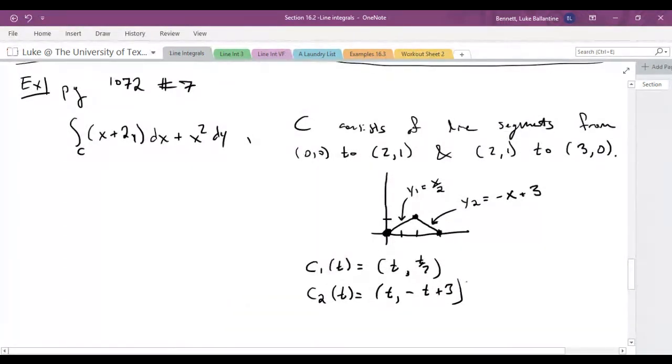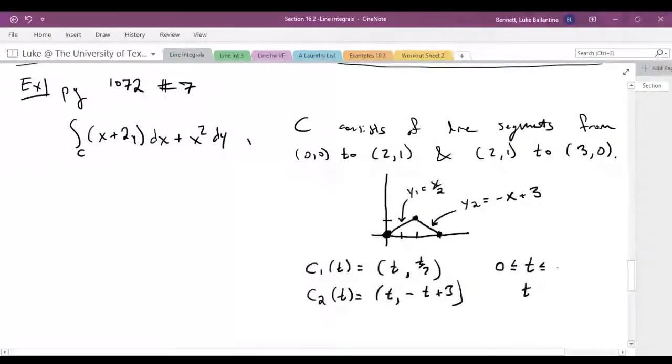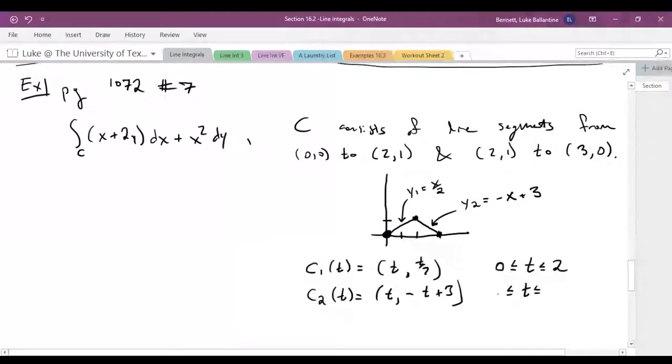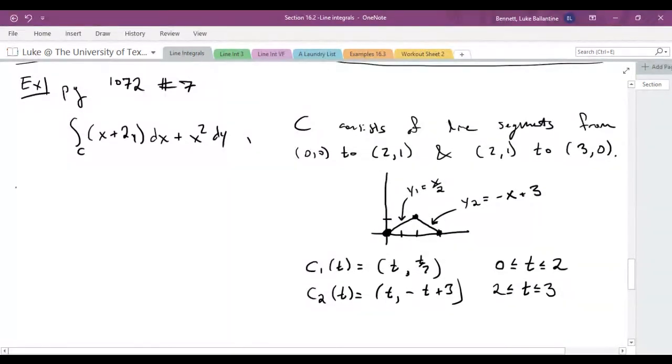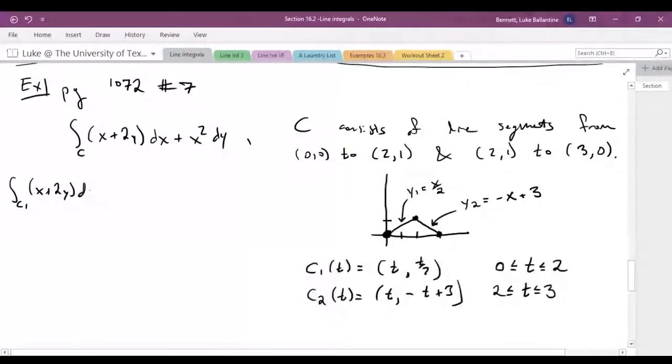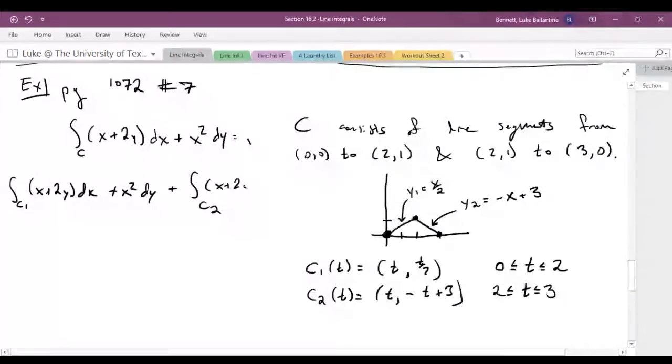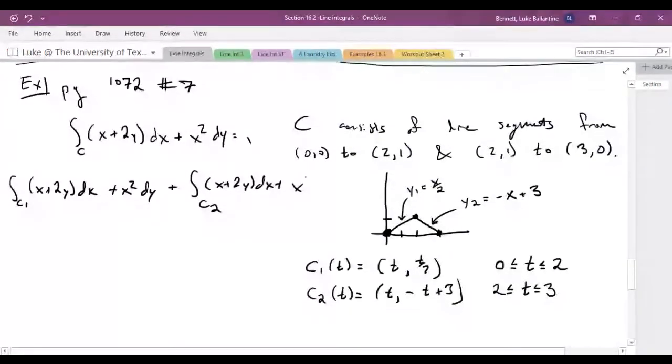So then we have to think of some t bounds. T ranges in between, this is going to be 0 to 2. Over here, t ranges in between 2 to 3. Okay, so then we have the integral over C1 of x plus 2y dx plus x squared dy, plus the integral over C2 of x plus 2y dx plus x squared dy.